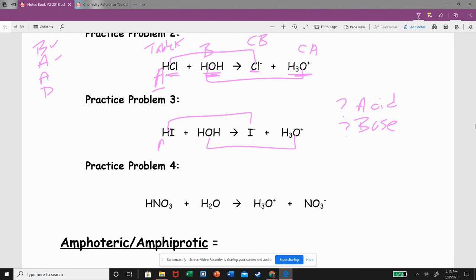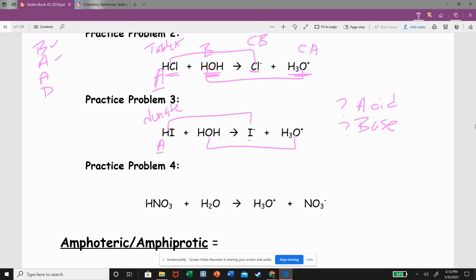But let's prove it. Bases accept, acids donate. So if this is an acid, it should donate its hydrogen somewhere else. If it's donating its hydrogen, it's losing some hydrogen. So HI goes to I. Has it lost hydrogen from the left to the right? Yes. So that makes it an acid, right? Because it donates.